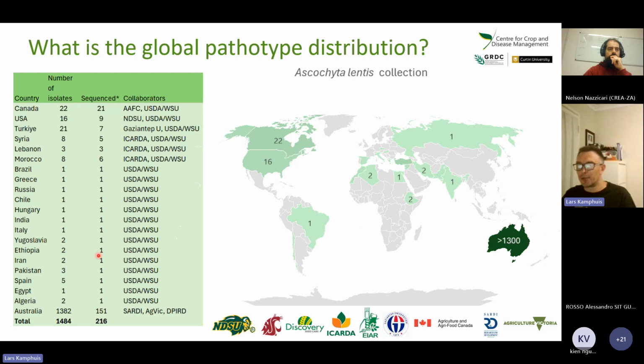So these are the ones that we've sequenced to date, about 151 of them, but we'd love to get a better representation of some of the other countries, particularly in Europe and in South America and Africa, where we're still a bit thin on the ground, and in certain parts of Asia as well.